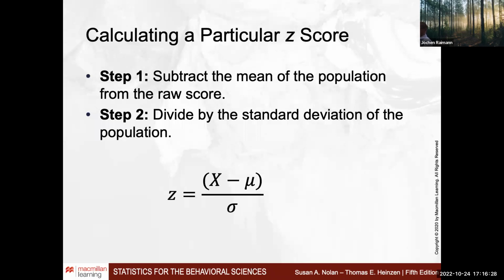So z equals x minus mu divided by sigma. What is that symbol? That is a mu, that's a sigma. Mu is the population mean, sigma is the population standard deviation. So we are still dealing with populations at this point in time. We're not yet on a sample level.